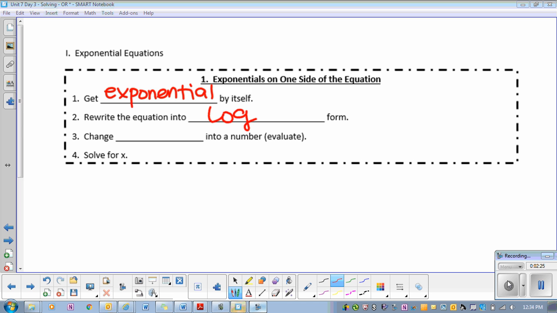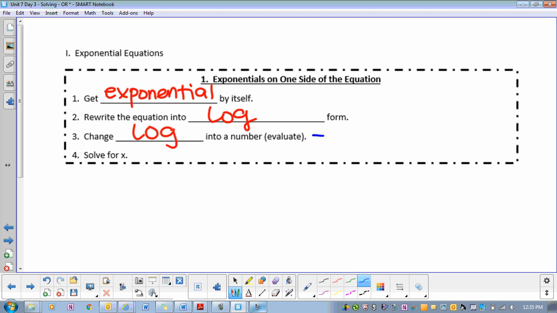Rewrite it into log form. And then change your log into a number, which means you're going to evaluate, and then solve for x.